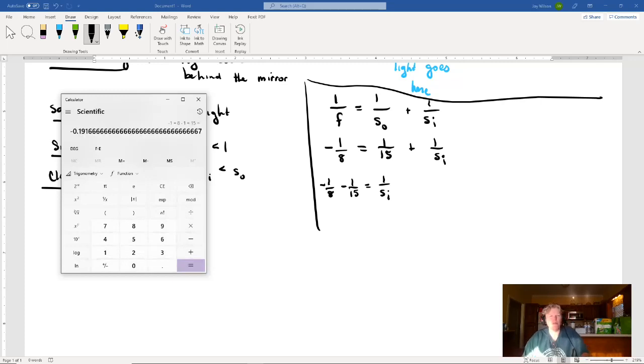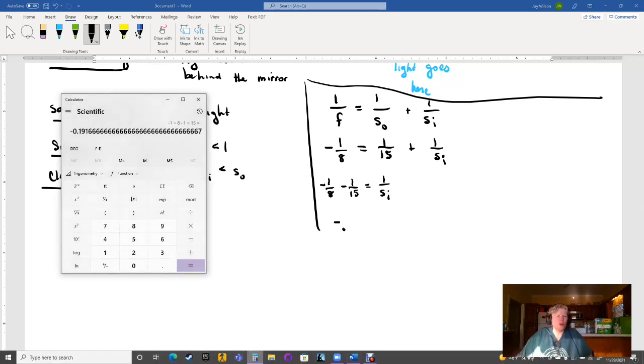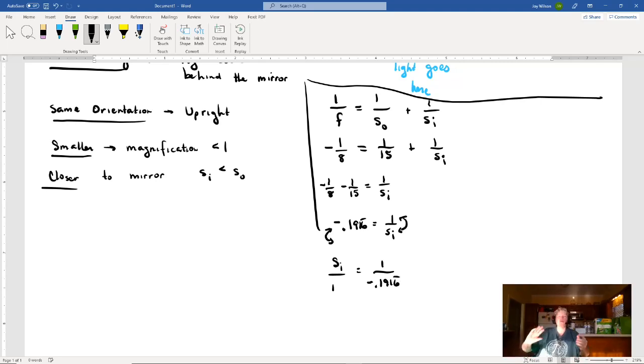It gives me this decimal, negative 0.1916, the 6 is repeating, equals 1/SI. So, to solve this, I'm going to do the inverse of these two. So I'm going to go SI over 1 equals 1 over negative 0.1916, repeating. So I'm going to flip the fractions. That's exactly what you do when you cross multiply.